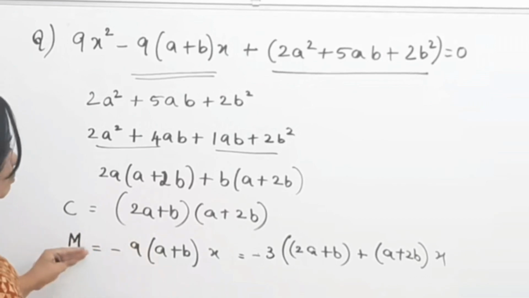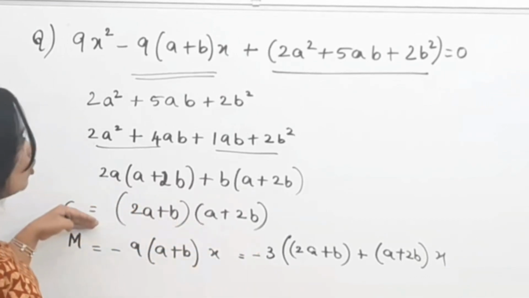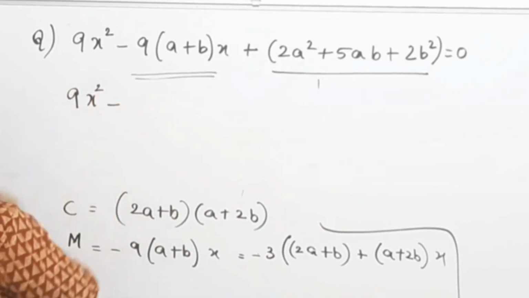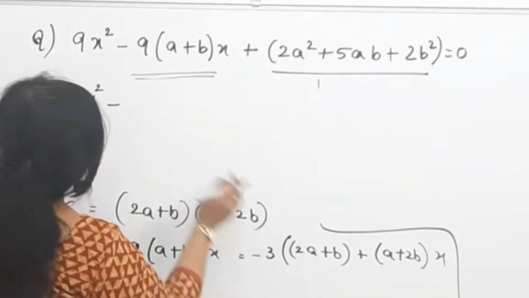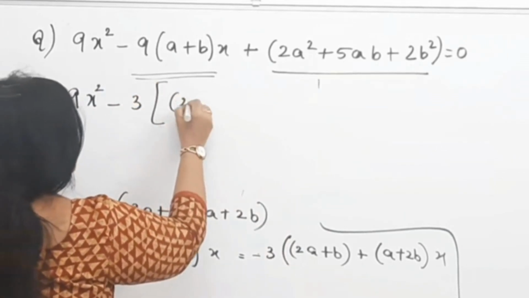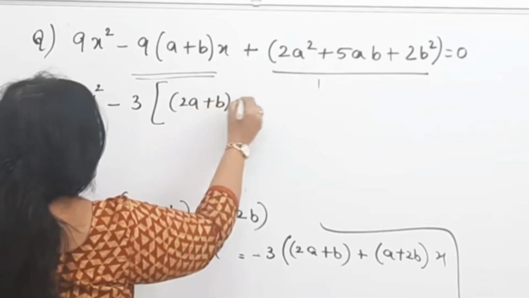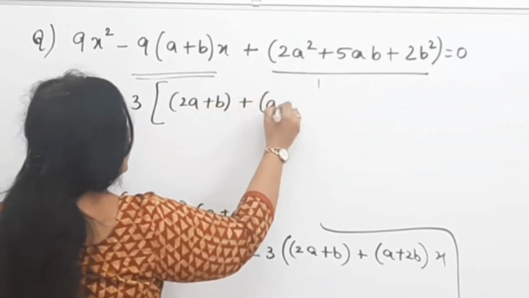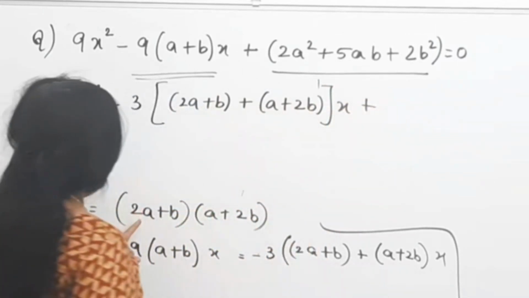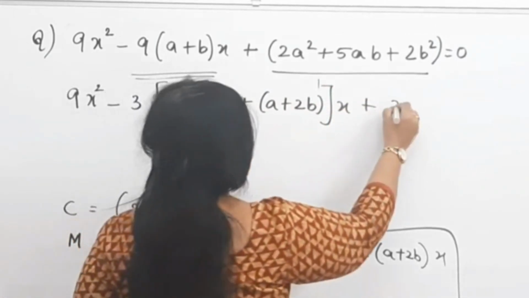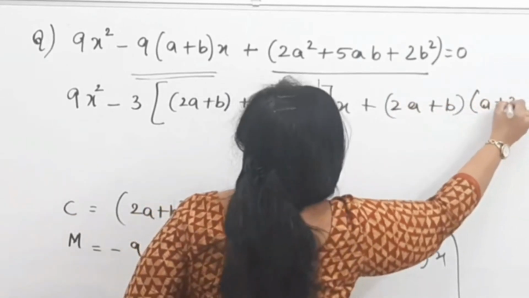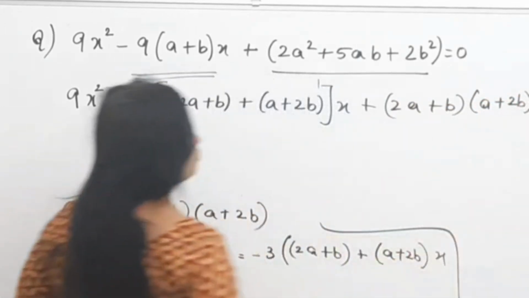So I got my middle term like this and the constant term like this. 9x squared minus, instead of this I'm going to write here minus 3 into 2a plus b plus a plus 2b into x plus, I have the constant term 2a plus b into a plus 2b, that's equal to 0.